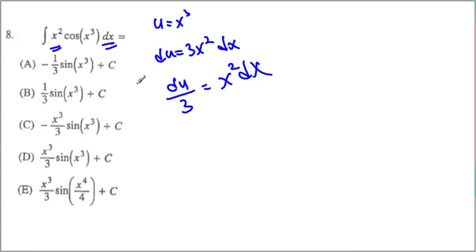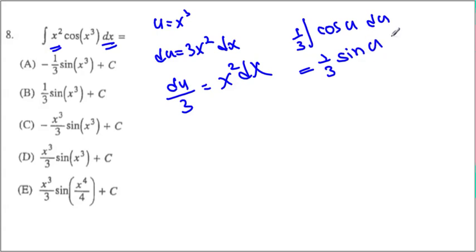Then if you plug in everything here, the integral becomes cosine of u du over 3, 1 over 3. So the antiderivative of cosine becomes sine of u, times 1/3.